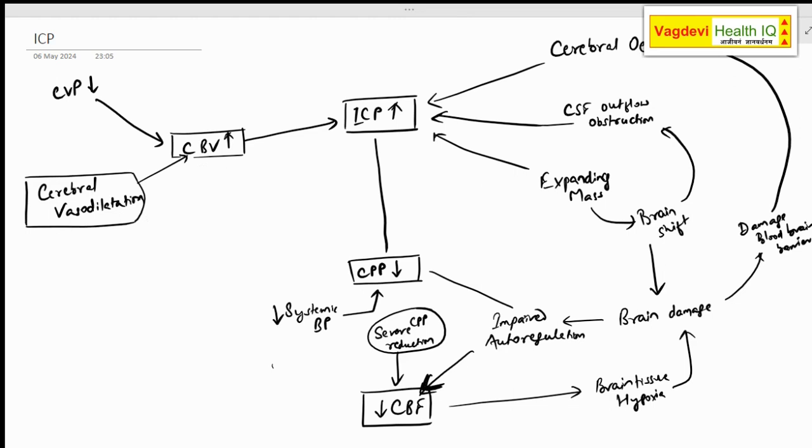Low cerebral perfusion pressure will cause cerebral vasodilatation. Okay, and tell me about the chemical reasons. What all the chemical reasons are for cerebral vasodilatation? PCO2 high. Anything else you know? PO2. Just 1 minute.